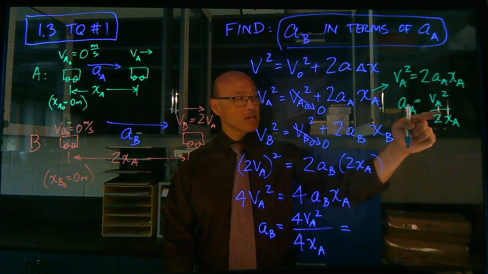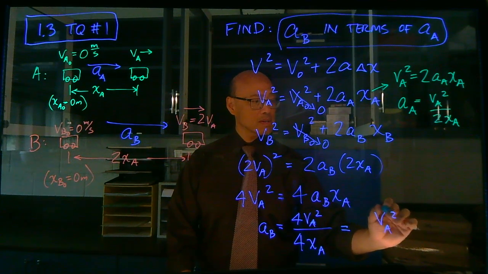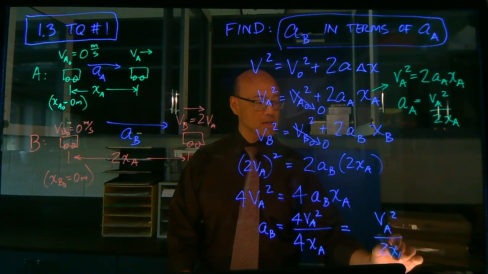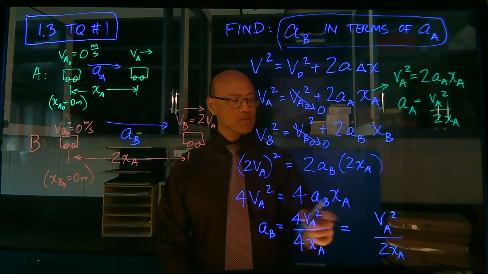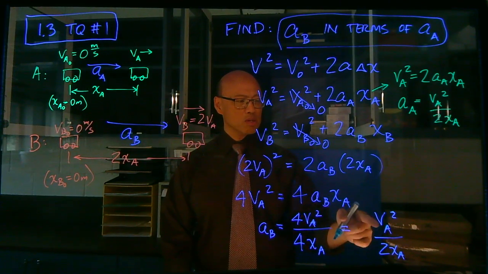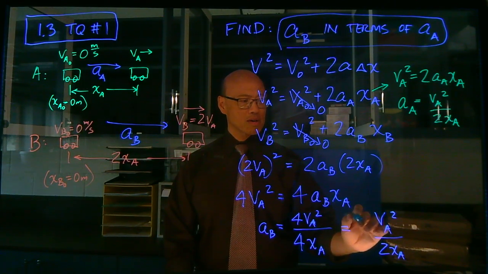So if I put VA squared over 2XA, so what will get me this? Well, I need to multiply this thing by what? 4?